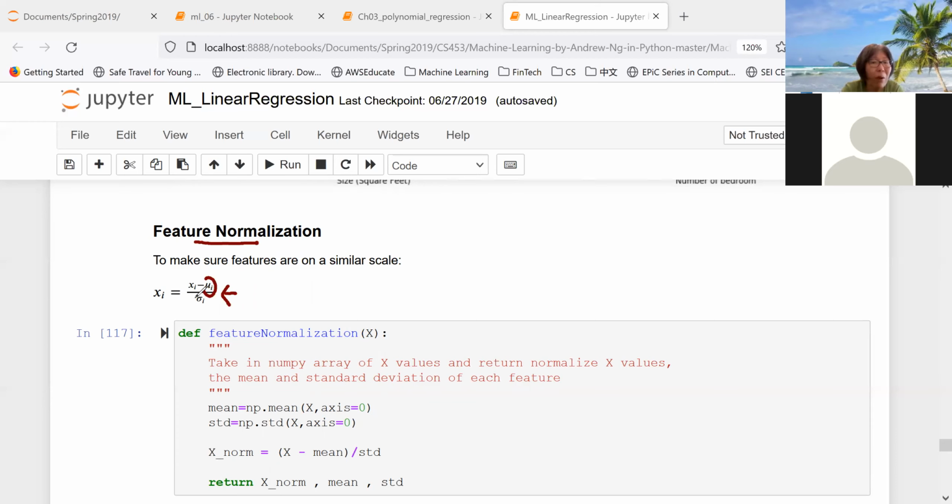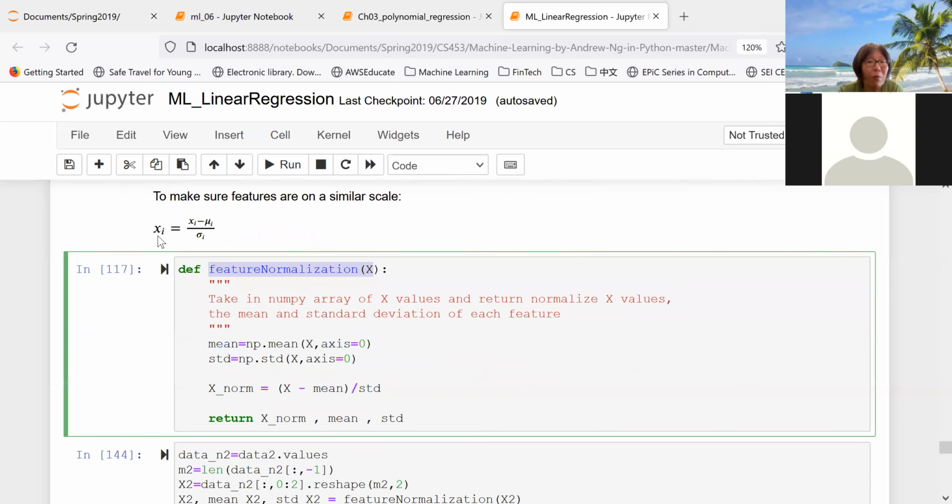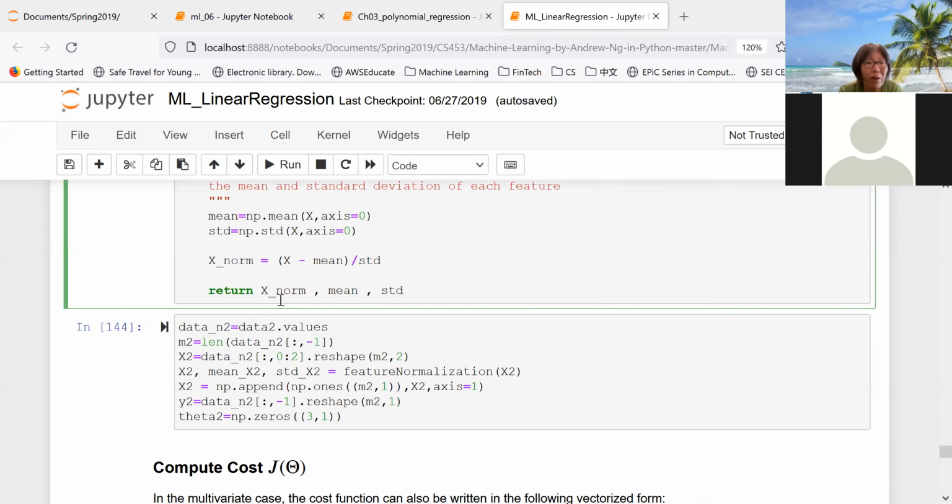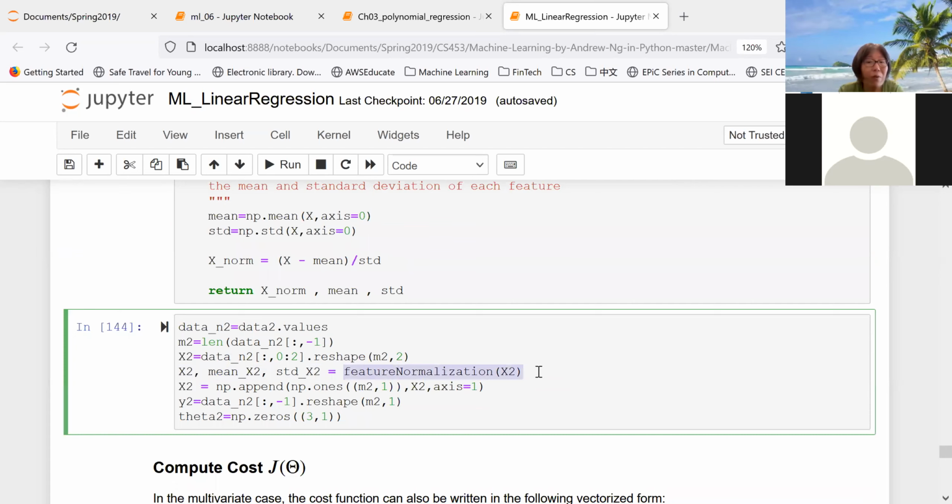So this is a mean value and this is a standard deviation, etc. And here it provides the function regarding how we do the normalization, and then it returns the respective values that you need, etc. And then the next part, we do the feature normalization here. So then the features can be normalized, brought to the same scale, okay?